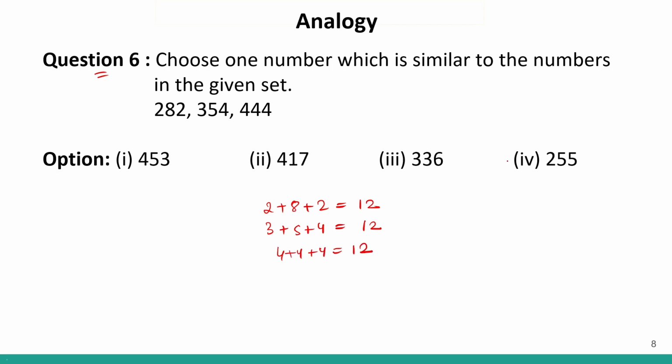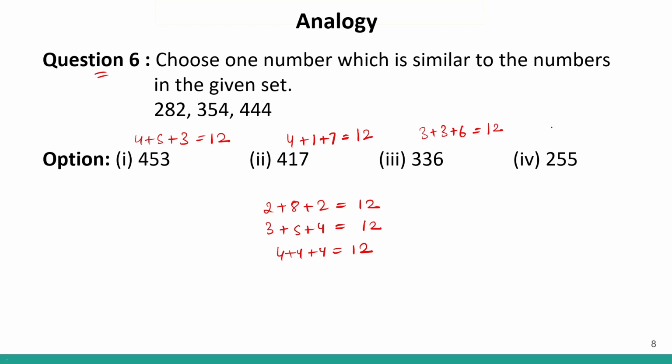So now we have to look at an option which has the same sum. So 4 plus 5 plus 3. This will be 9 plus 3, that is 12. Okay, this bears the same relationship. 4 plus 1 plus 7 will be how much? 8 plus 4, 12. Correct? 3 plus 3 plus 6. So 6 plus 3 is 9, 9 plus 3, 12.